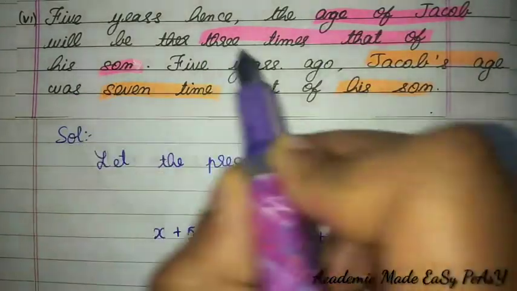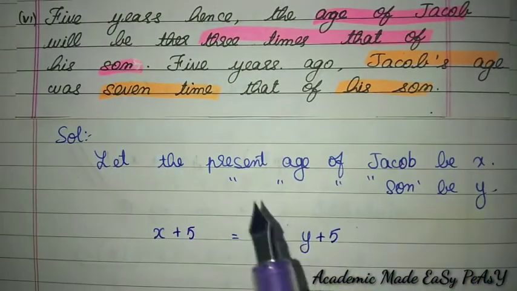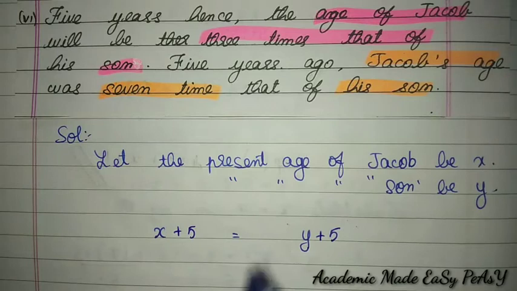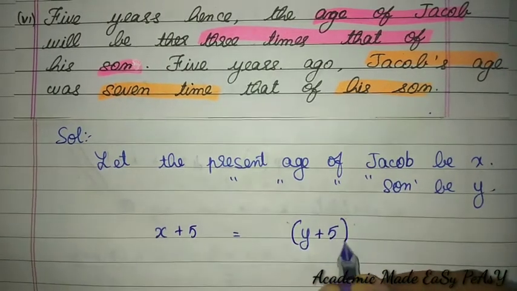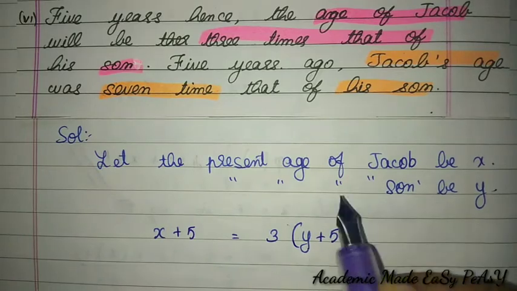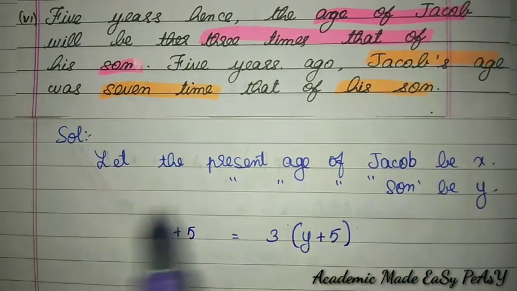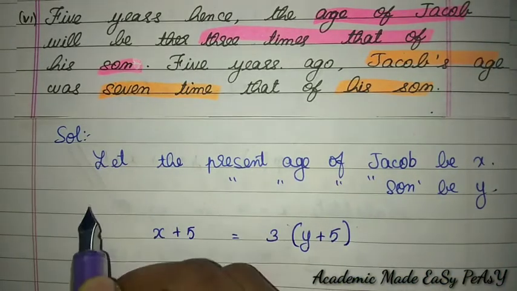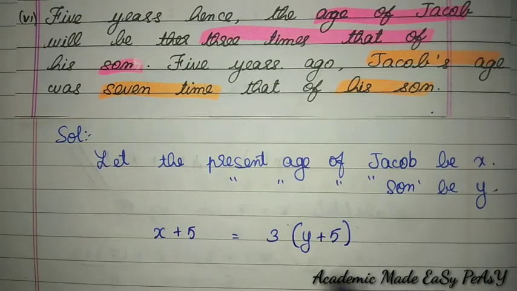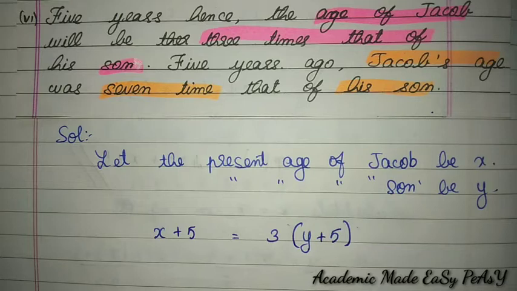Age of Jacob will be 3 times of his son. This is son's age, isn't it? So I will be multiplying 3 with the entire term, that is y plus 5. If they say that Jacob's age is thrice the son's age, I will be writing 3 over here, multiplying 3 throughout this.